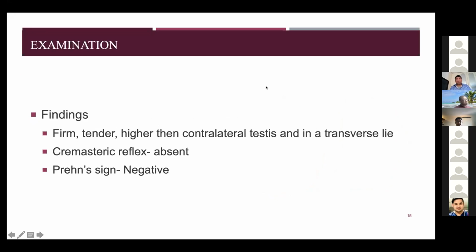On examination, the affected testicle may be firm, tender, and higher than the contralateral testis in a transverse lie. The cremasteric reflex, as mentioned earlier, is typically absent, and the Prehn sign may be negative.